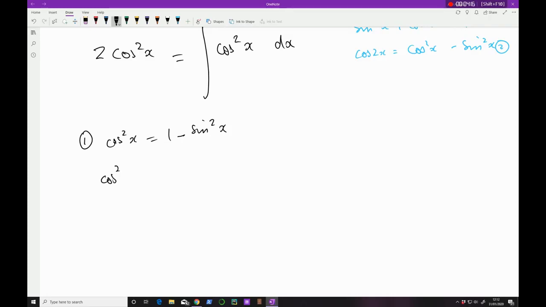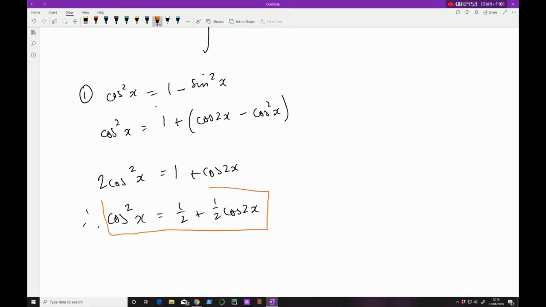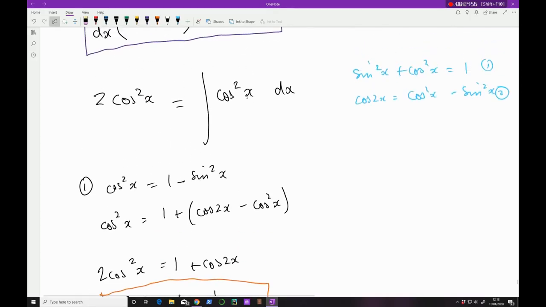So this becomes cos squared x equals 1 plus cos squared x minus cos 2x. So I end up having 2 cos squared x equaling 1 plus cos 2x. Therefore, cos squared x equals a half plus a half cos 2x. And this is infinitely much easier to integrate than cos squared x.